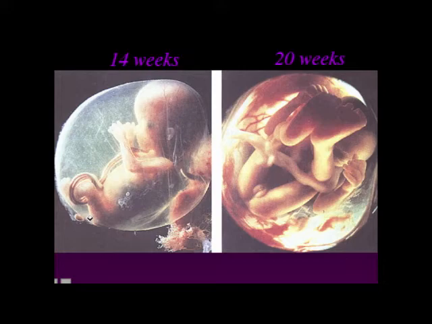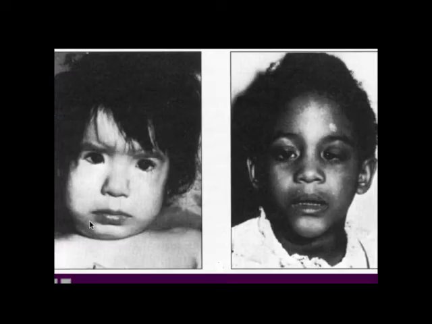All right, and let's see. While the baby is developing inside the mother, it's important that she live a very healthy lifestyle to get proper nutrients and to avoid things that are potentially toxic, like alcohol and smoking and other drugs, because that can definitely impact the development of the baby after it's born.